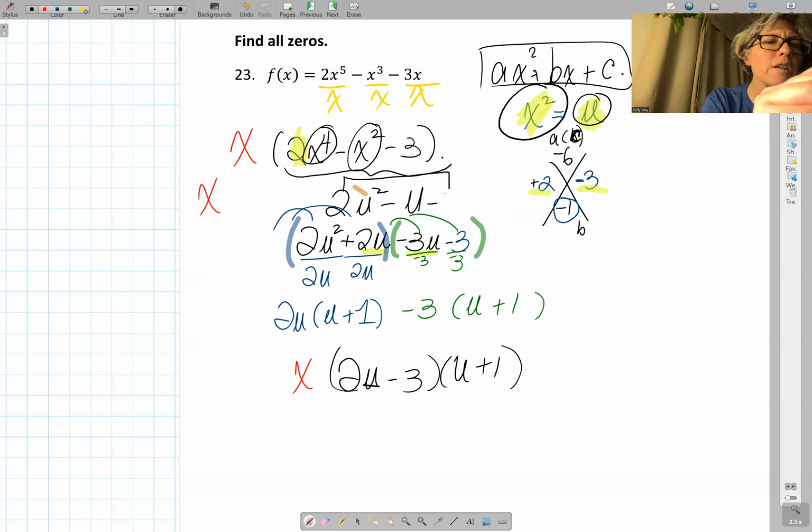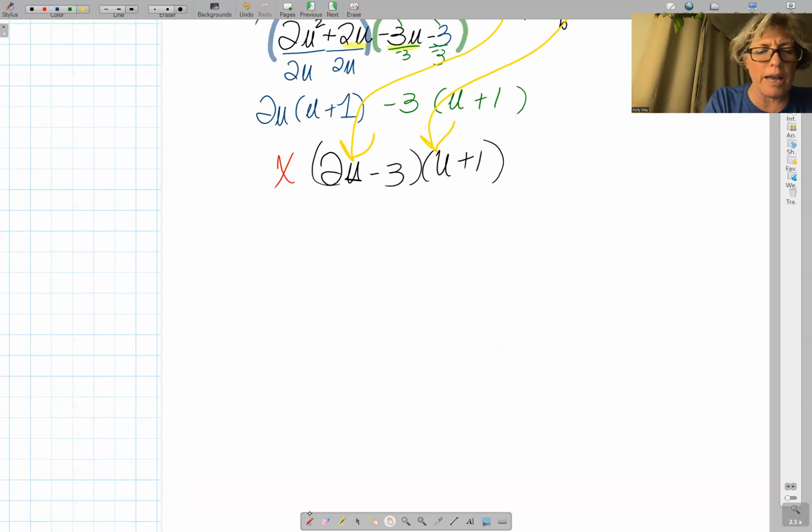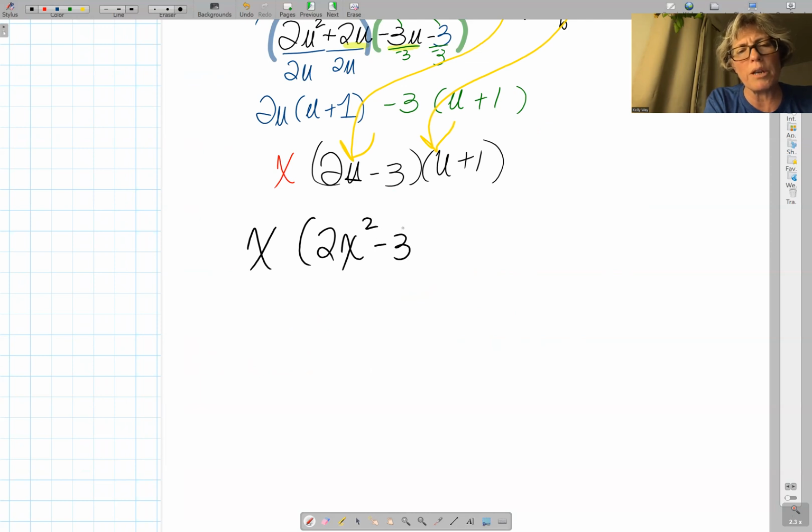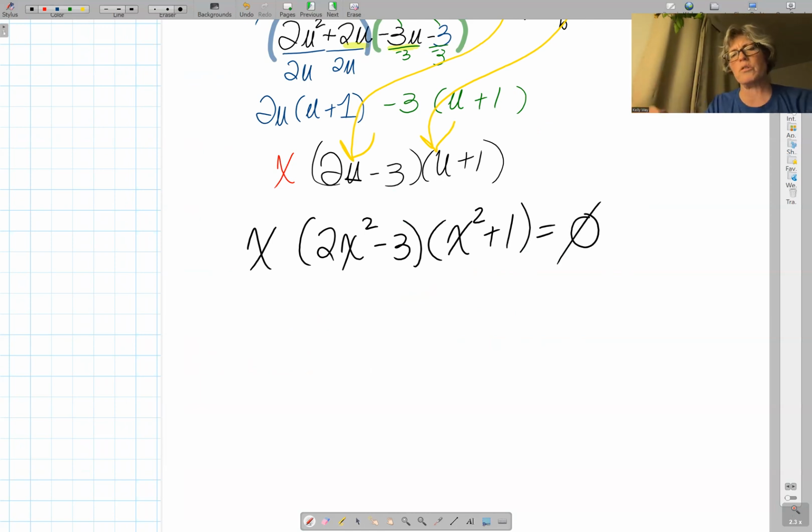So we're going to take that x squared and put it back in where it belongs. We just used the substitution method so that it made it a little bit easier to factor that out with fewer gymnastics here. So we're going to have x and then 2x squared minus 3, and then x squared plus 1. There you go. And all of that is equal to zero.